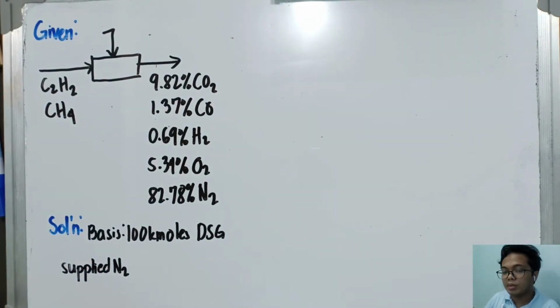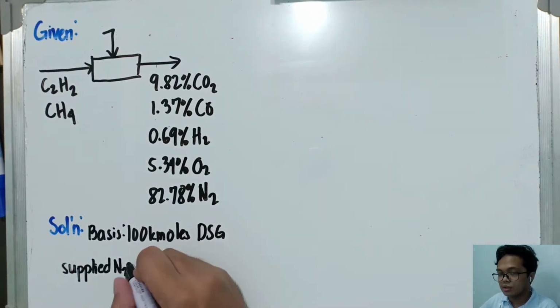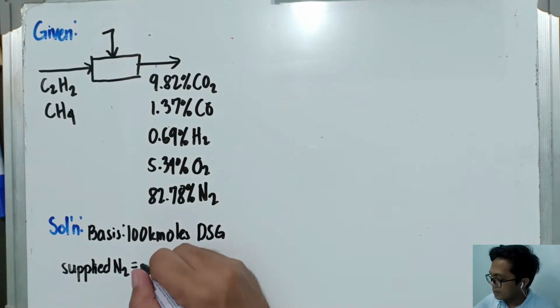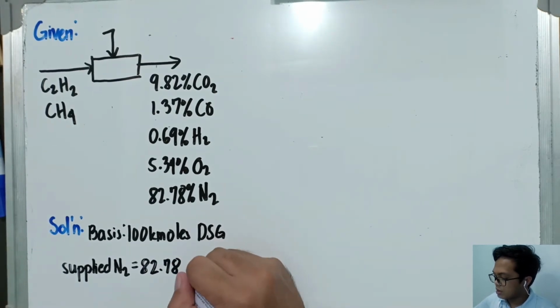So the transcript may be different, but I'm sure you can still understand it, since I think I did atomics there first, but it shouldn't make too much of a difference answer-wise. In any case, our supplied N2 would be 82.78 kilomoles.